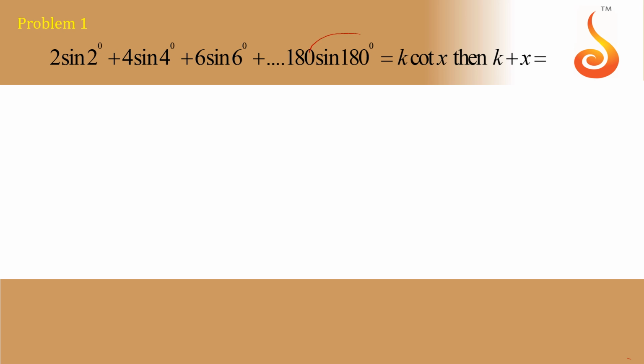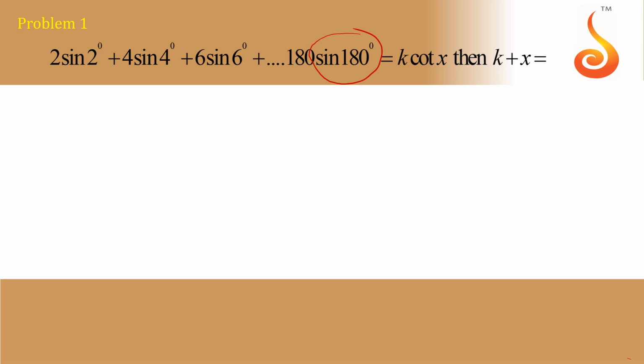You know that sine 180 degrees value is 0, and sine of 180 minus theta is equal to sine theta. So 2 sine 2 and the last but one term, 178 sine 178, will become 178 sine 2. In the middle there will be 90 sine 90 degrees.